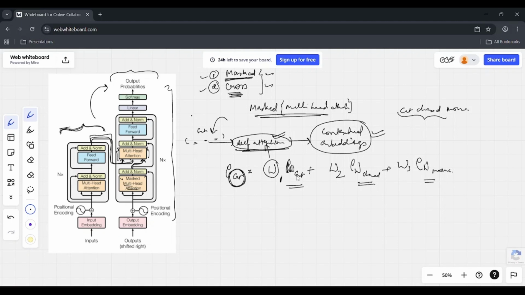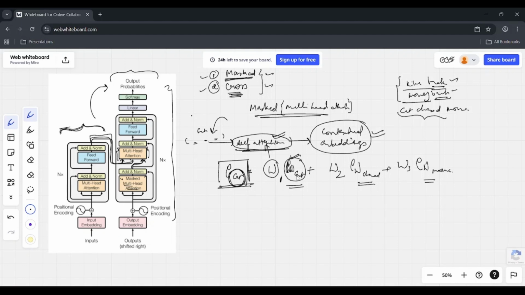Word embeddings capture the semantic meaning of the word. But when you find the contextual embeddings, that represents how contextually aware your word is. For example, if I say river bank and money bank, then bank will have the same word embedding. But since they are used in different contexts, their embeddings should actually be different.